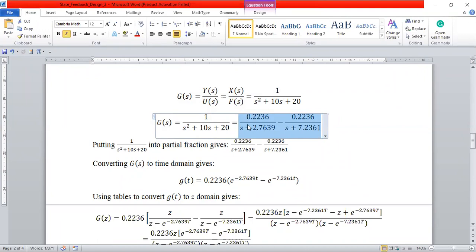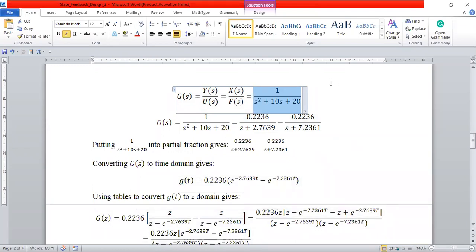So you can just try to prove to yourself that when you break this down into partial fractions, we are going to get this equation. Then the next step is to convert to the time domain. So we have 3 steps to convert the transfer function in continuous time to the transfer function in discrete time.